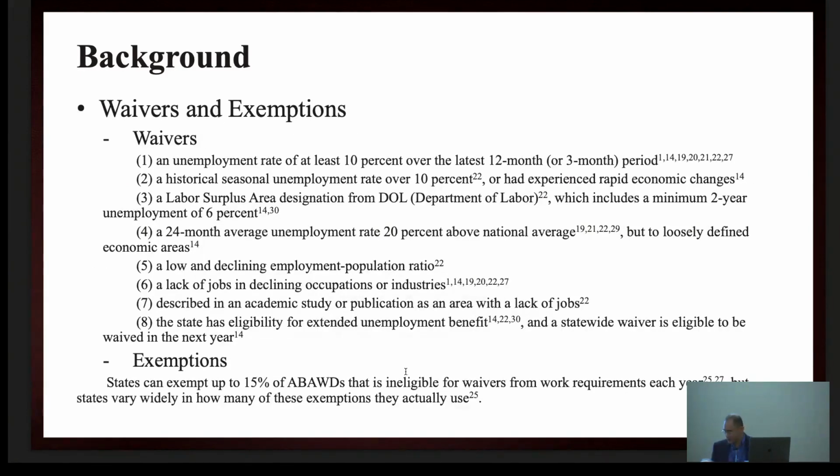Another controversy, and this has probably been the source of a lot of the debate about this work requirement, is that states do have access to different things in terms of waivers and exemptions. And this has really been, I guess, the motivation for the debate during the debt ceiling limit. I want to mention that the work requirement was changed, and I have a slide for this, through this debt ceiling limit regulation.